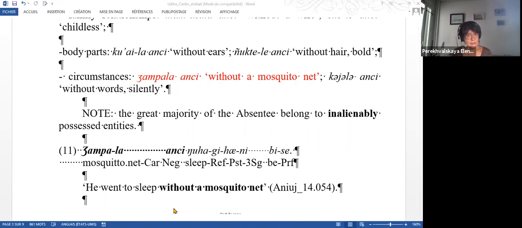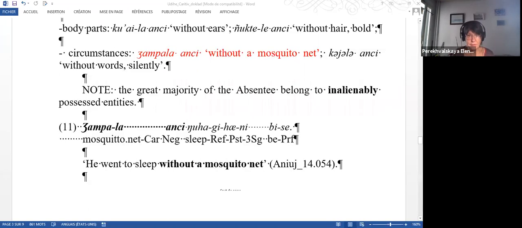Well, it is alienable, I agree, but for all the rest, me and Sonia also, Sonia in fact paid my attention to it, we never have examples of accompanying, like он пришел без Маши. It is impossible to say with this construction because somebody who is with us, somebody who accompanies us, is not in fact inalienable.